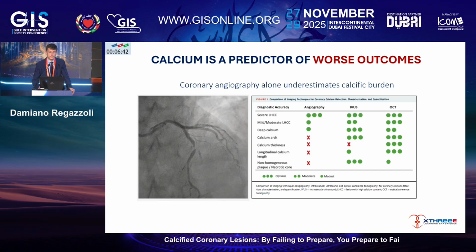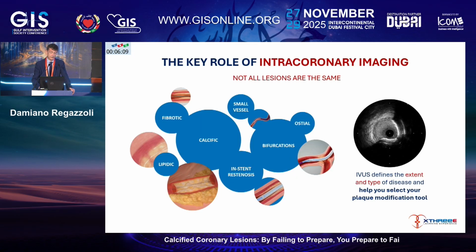So the background of it is that we are not always good at identifying calcific lesions, so we tend to underestimate the role of calcific plaques in our arteries, and in fact we know that angiography is not super good in identifying calcific lesions. While intravascular imaging, both IVUS and OCT, are pretty good, especially OCT in calcium thickness, but also IVUS in all the other aspects, to identify calcific lesions.